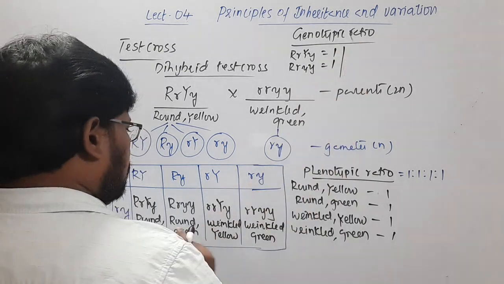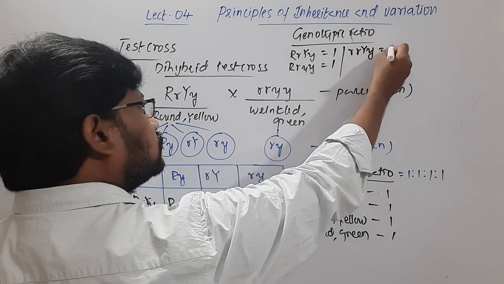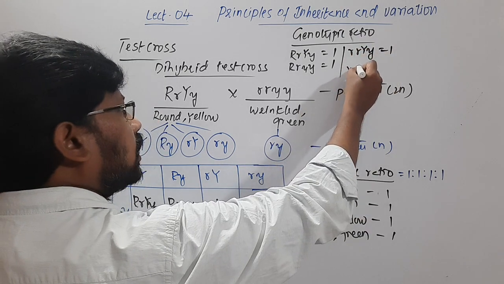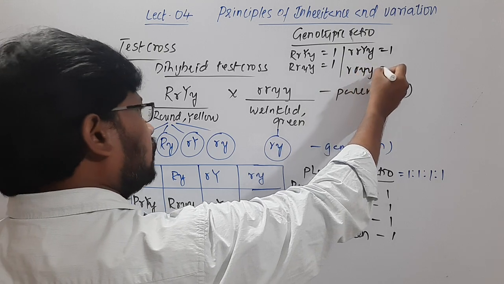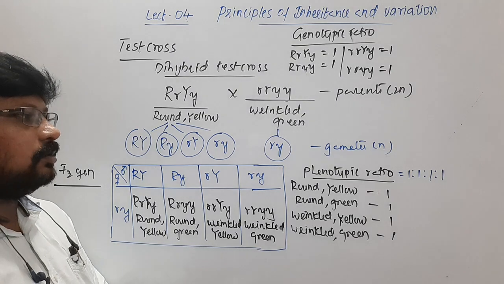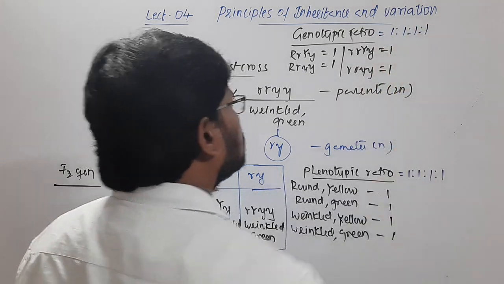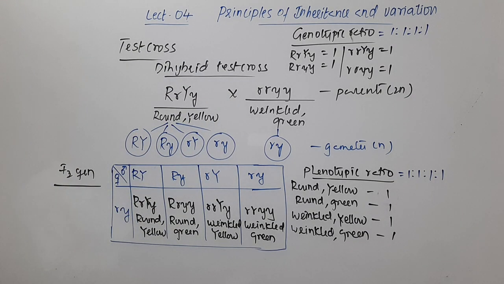And then small r, capital Y, small y is also 1, and small r, small y will be also 1. So hence in this case also the ratio is 1:1:1:1. So the dihybrid test cross ratio, that is both phenotypic and genotypic ratios, will be 1:1:1:1. So that's about the dihybrid test cross.